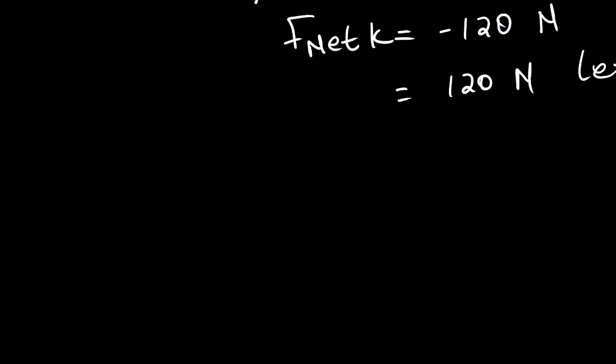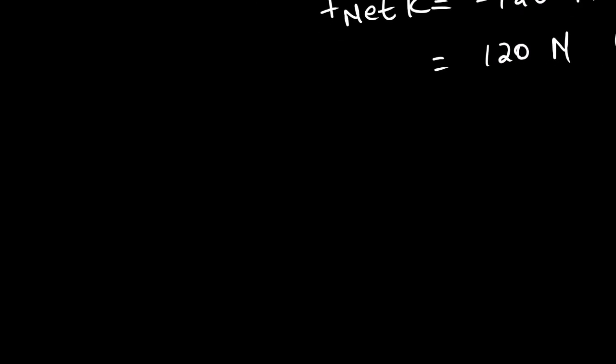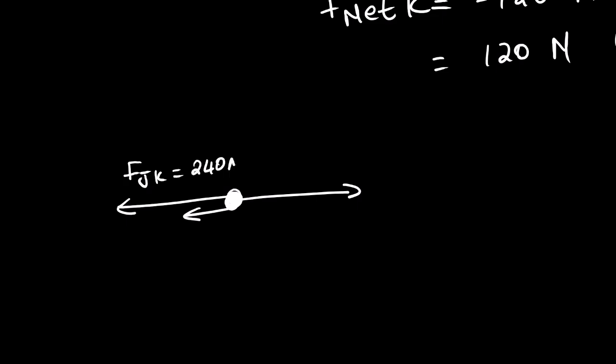So this simply means that suppose we want to draw a free body diagram of K. We have three forces. This one will be F JK, which is 240 newtons.